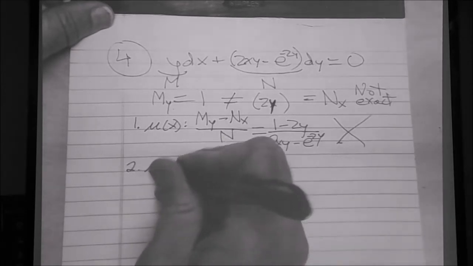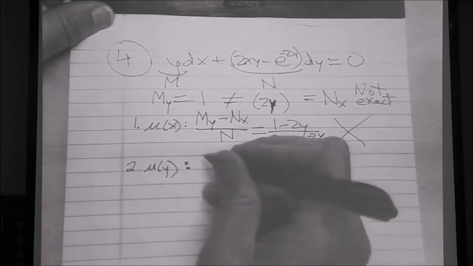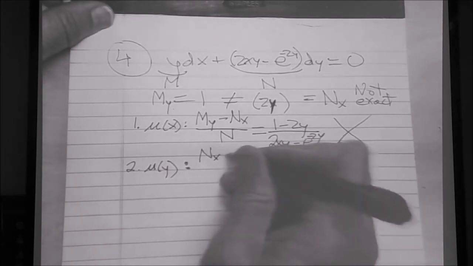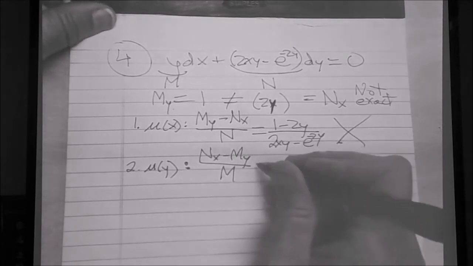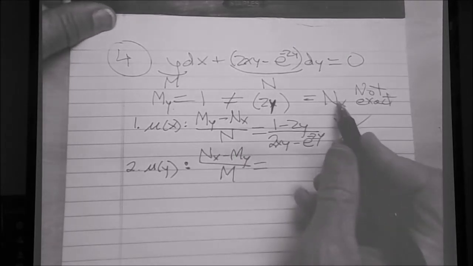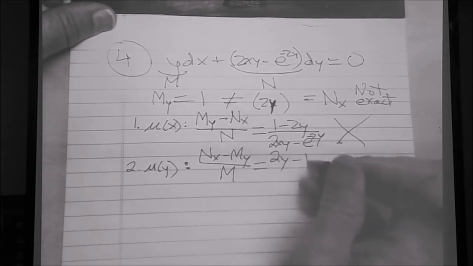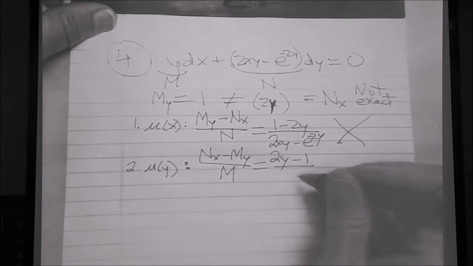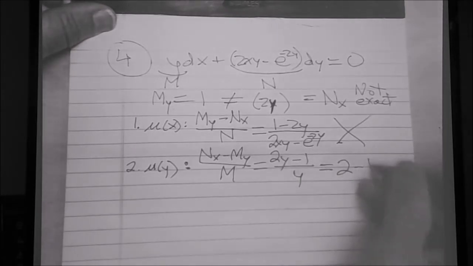Our second technique is that maybe there's an integrating factor that's a function of y only. In that case, we need nx minus my over m to be a function of y only. So we compute that. We already have nx up here as 2y. My up here we already computed as 1. And m is y. Well, let's see. That's 2y over y is 2 minus 1 over y.